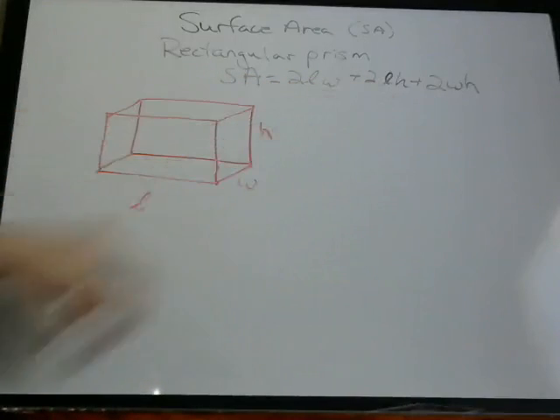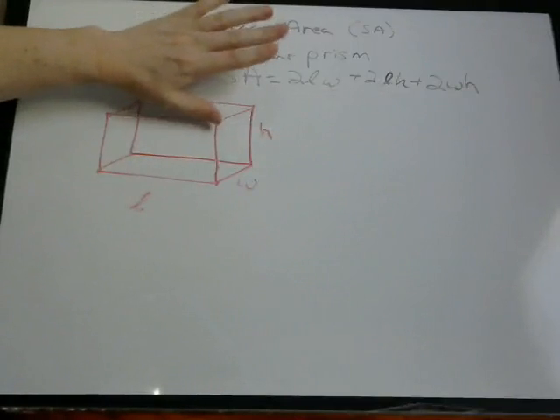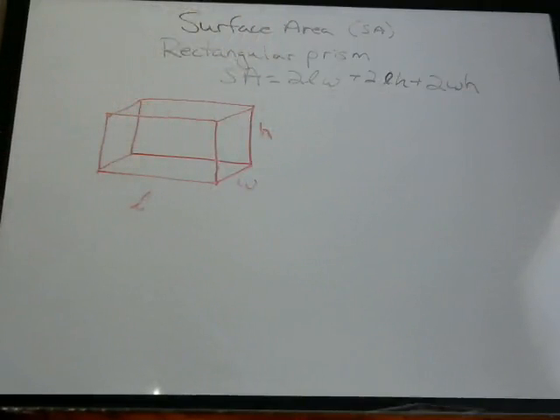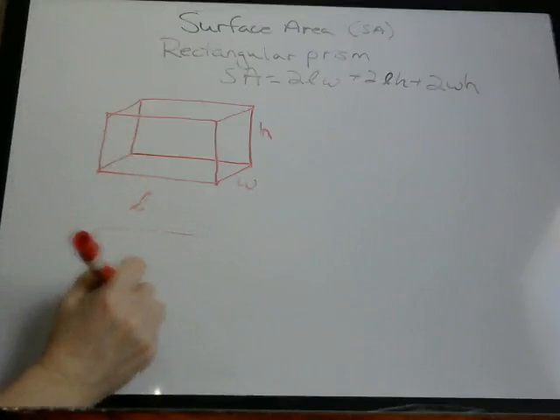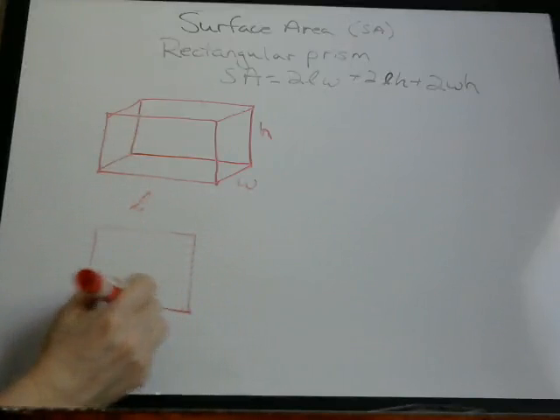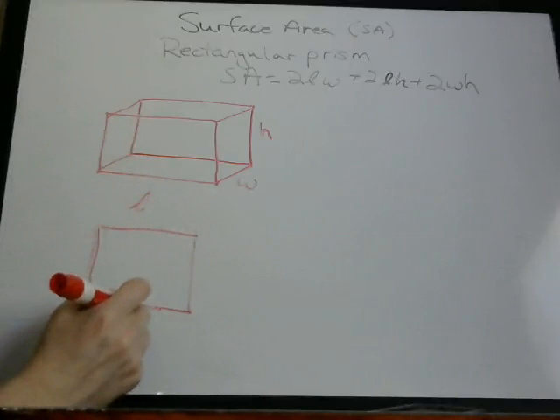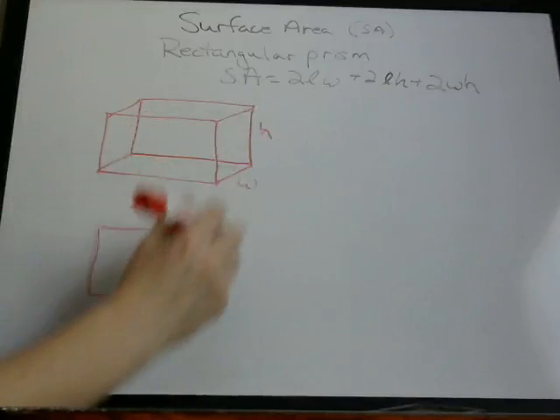Here we have length times height. Now we're talking about the front face and the back face. That is going to be length times height. If you can imagine me pulling off this front face here, you can see here's the length, and the measurement of this side is the height.